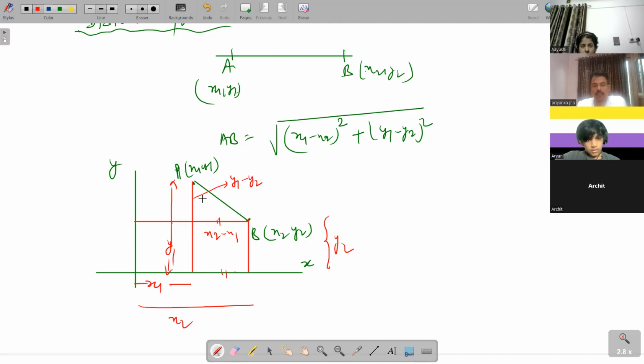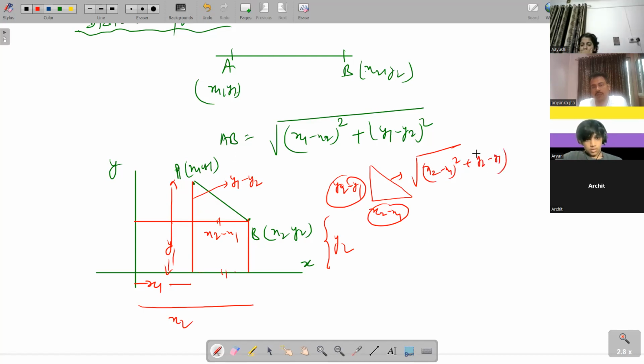Now you can see that in this triangle, where we have this length x2 minus x1 and y2 minus y1, if you apply Pythagoras, you will get this squared plus this squared. So from here you will get (x2 minus x1) whole square plus (y2 minus y1) whole square, right? So this is how we get the distance formula, but you just have to remember this thing.